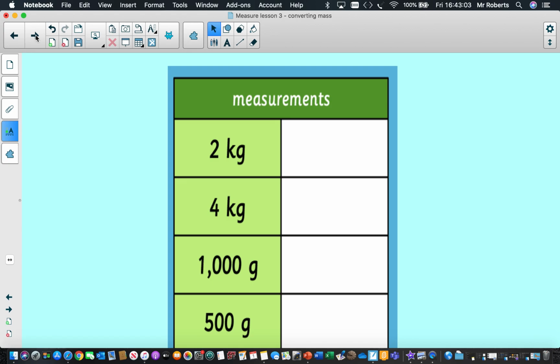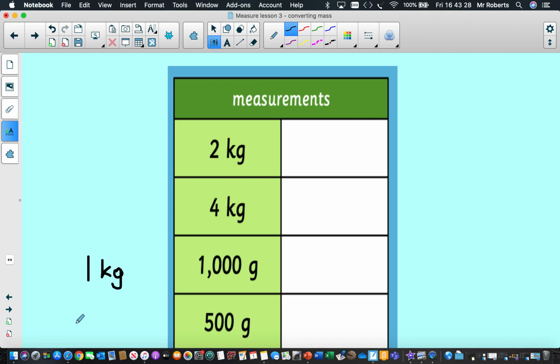So 1,000 grams is 1 kilogram. Remembering to make sure I put my kg for kilograms. Now 500 grams is not 5 kilograms. We might be tempted to think that it's 5 kilograms, but 5,000 grams would be 5 kilograms.